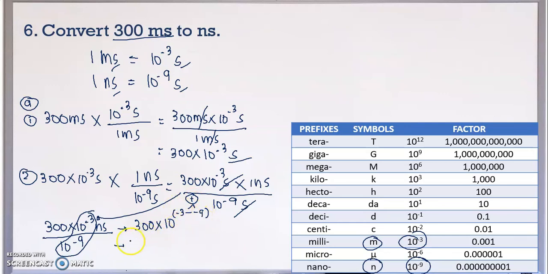Therefore, the value would be 300 times 10 raised to 6. And the unit of this one is nanosecond. But still, we have to turn this into a proper scientific notation. And the final answer would be 3 times 10 raised to 8 nanoseconds.